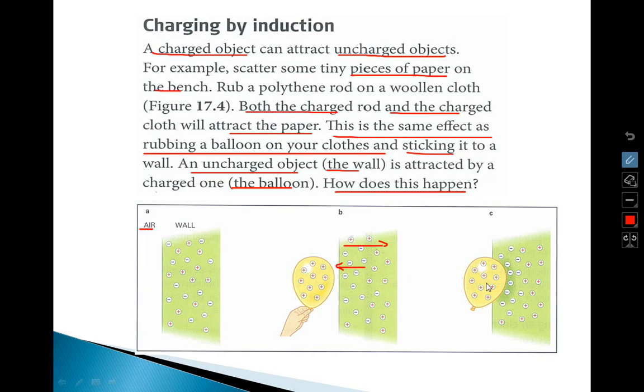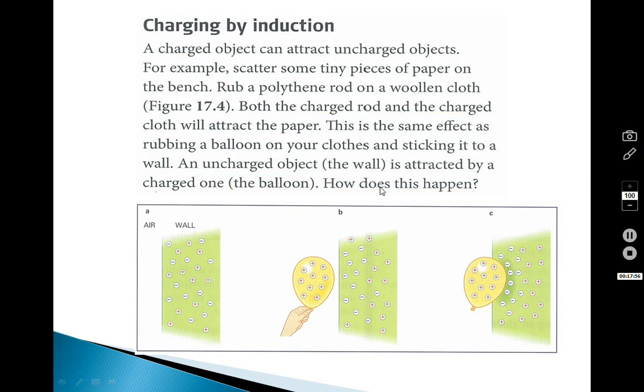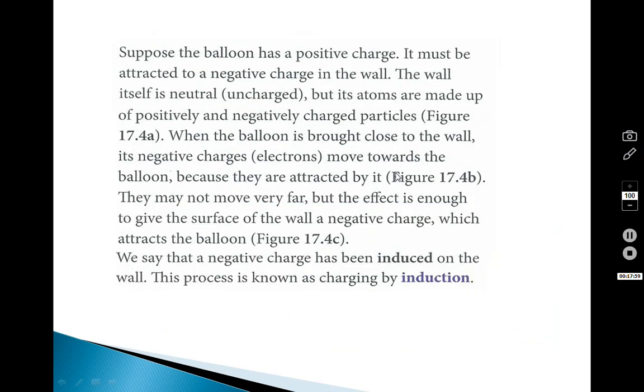Most electrons, negative charges, will move this way, and positive charges will move this way. But the question is, how does this happen? In the next slide we'll explain how it could happen.